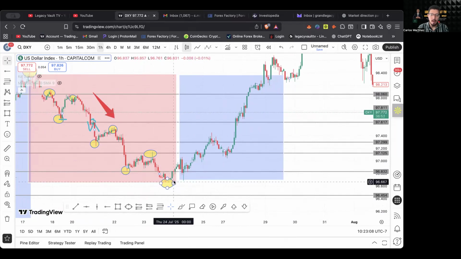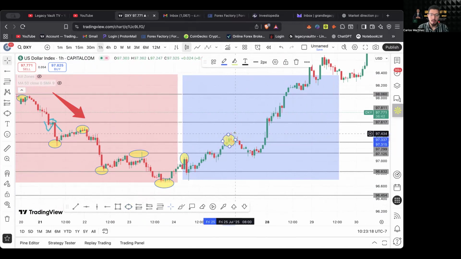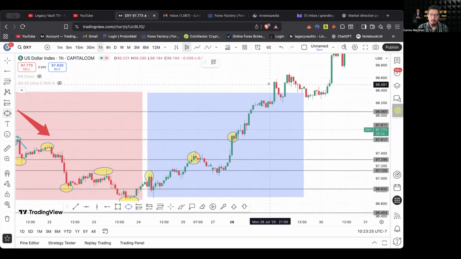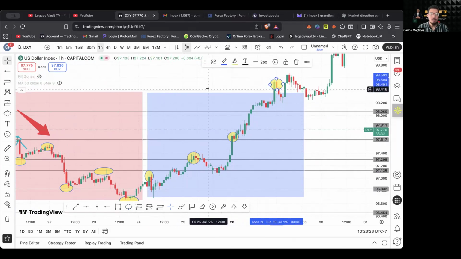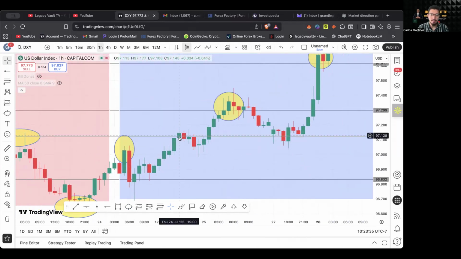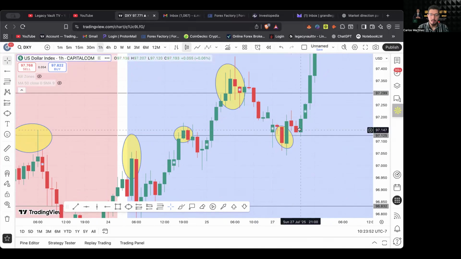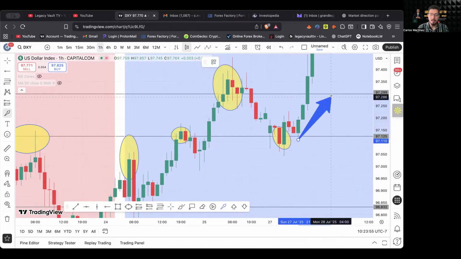It went from a downtrend to an uptrend and started to create new higher highs, higher high, higher high, higher high, higher high, and it broke above this higher high, broke above this higher high, came back down to retest this price level here. Came back to retest for the continuation to the upside.